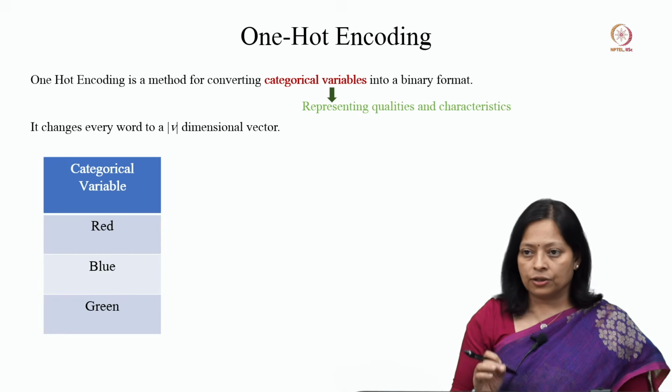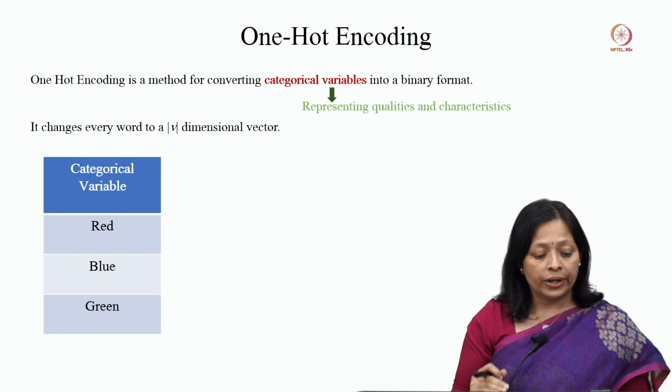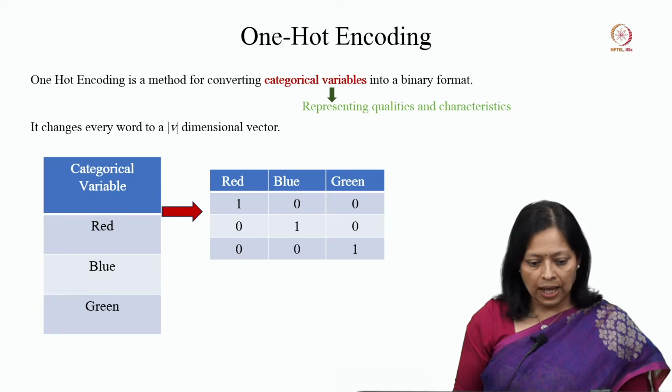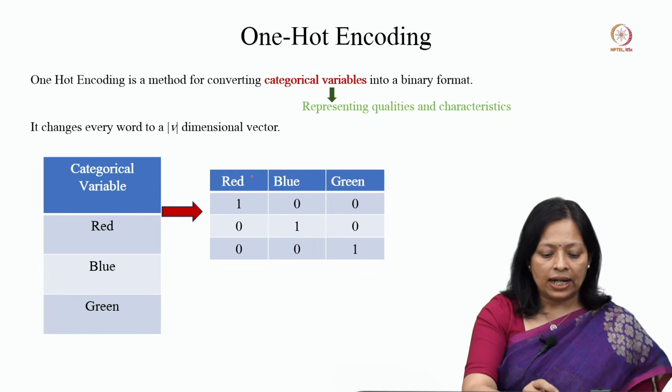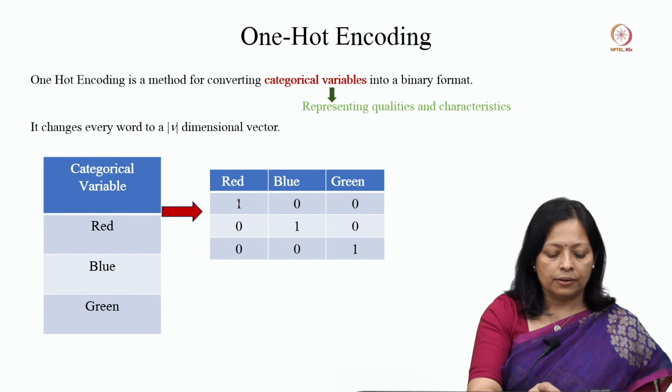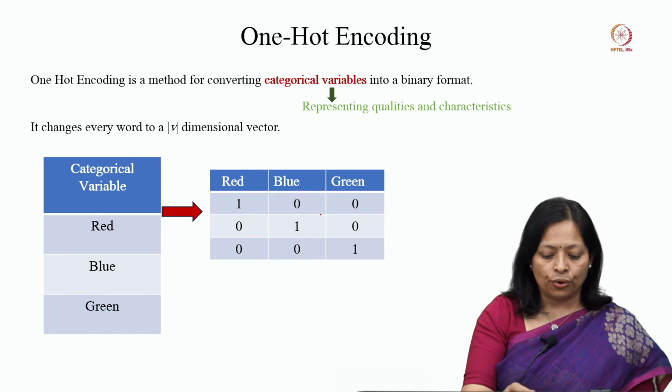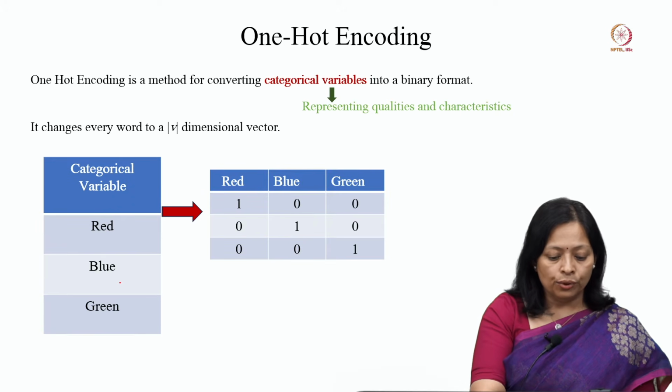Suppose we have categorical variables of some color names: red, blue and green, and these are the vectors. Red is given 1 in the first row, and blue and green are 0. For the second color, blue, this corresponds to blue, and red and green are 0.